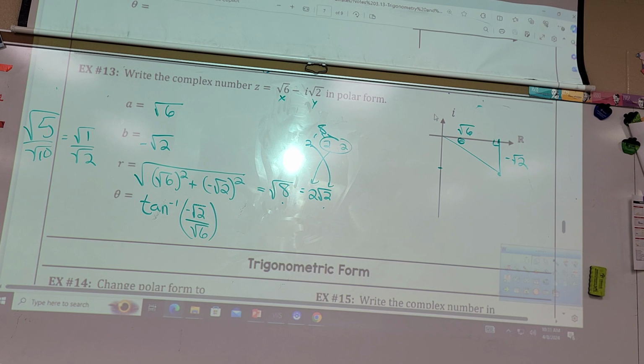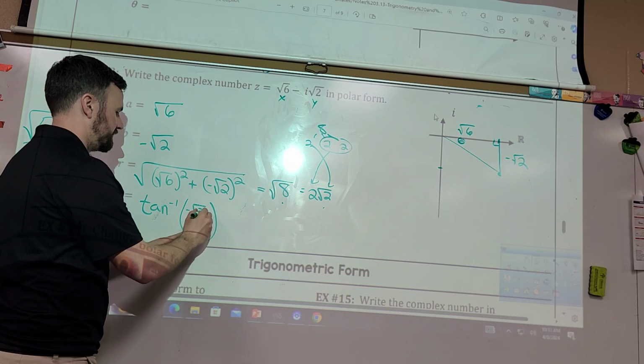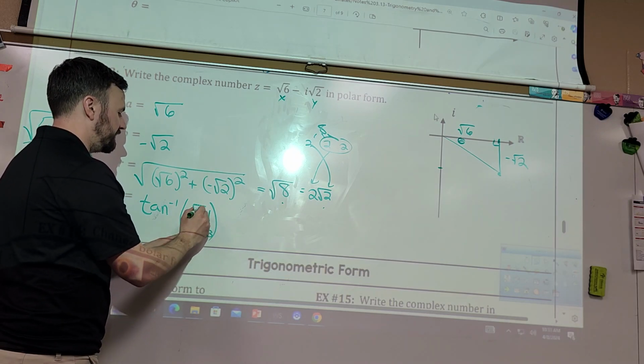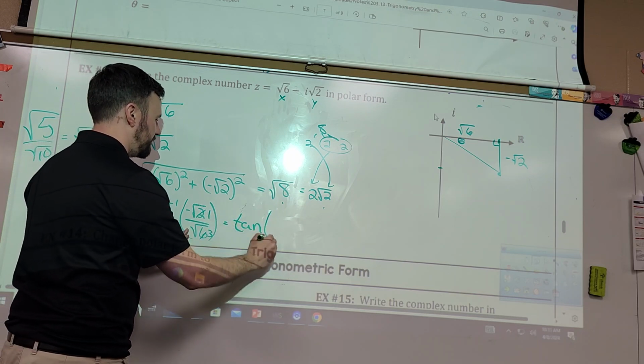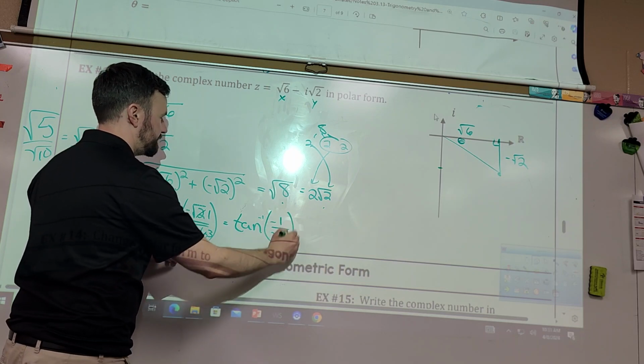You can. They're wearing the same hat. You can divide, multiply. So can I simplify that? So that's 1 over 3, right? Wait a second. What's square root of 1? No way. Negative 1 over root 3.